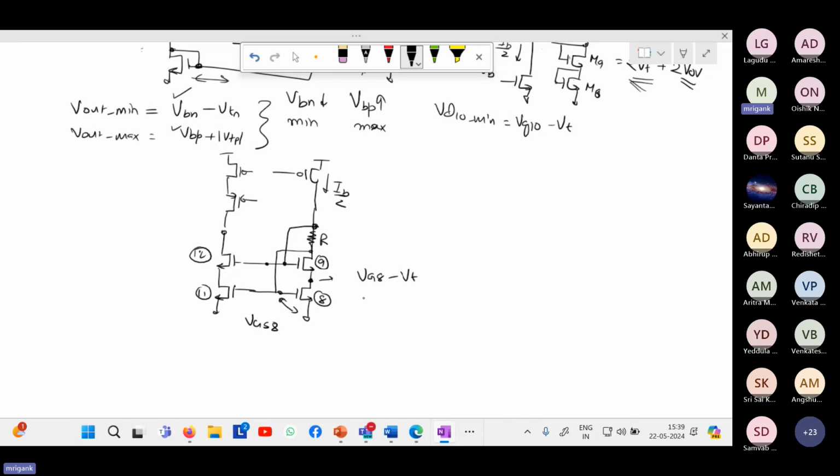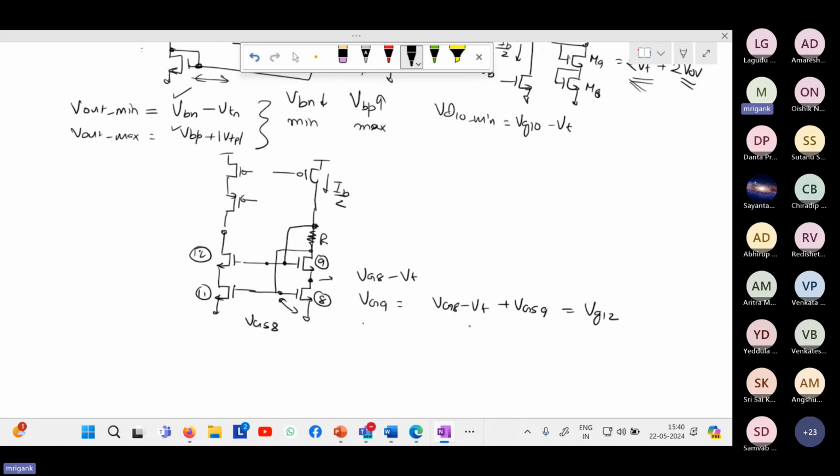And the VG9 is going to be VG8 minus VT plus VGS9, because whatever is the VGS of 9, that is the gate voltage of M9. Therefore, the gate voltage of this is also the gate voltage of M12.